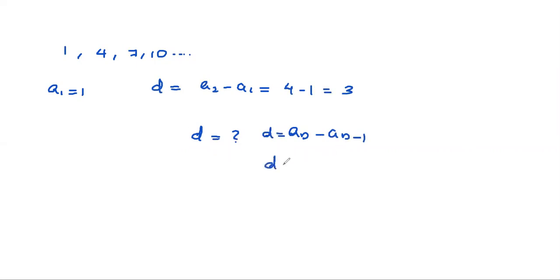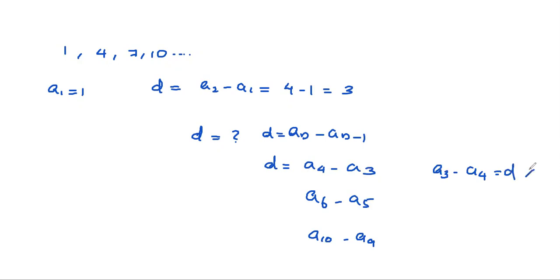Say for example, D is equal to A4 minus A3, A6 minus A5, A10 minus A9, whatever. These must be consecutive terms. That is the speciality. Now you cannot do A3 minus A4 to calculate D. This is absolutely wrong. Or A5 minus A6. All you have to do is A6 minus A5.